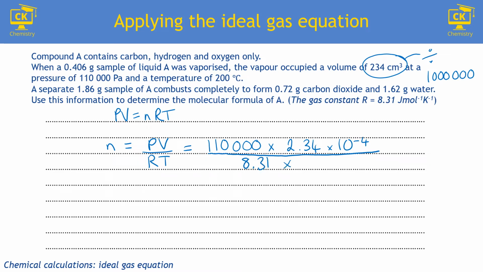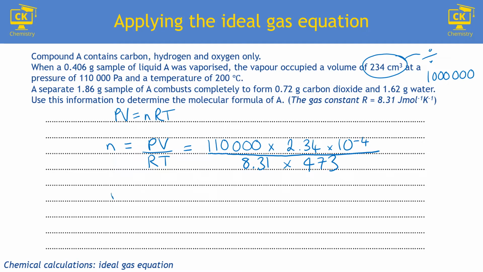Temperature needs converting to Kelvin, so I'm going to get my 200 degrees C and I'm going to add 273 to get 473 Kelvin. Now we can put all of that in the calculator and we can calculate the number of moles.